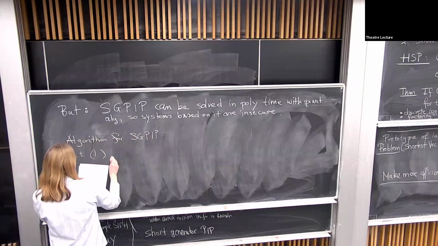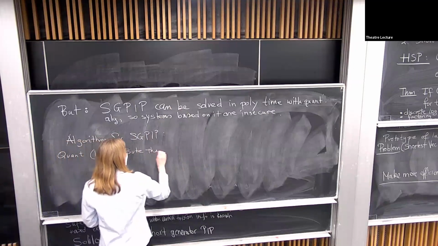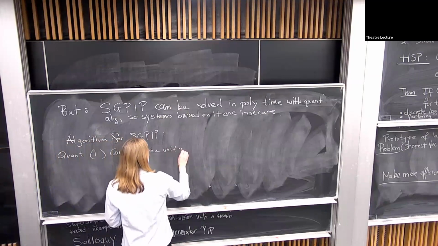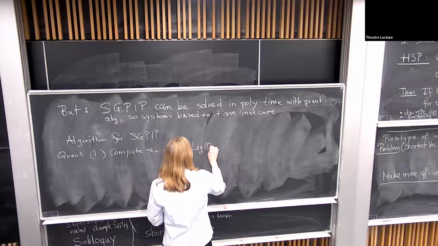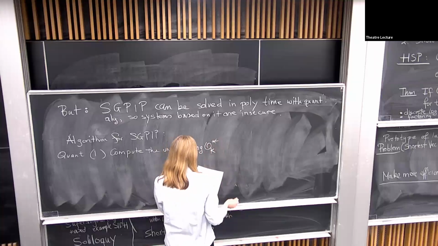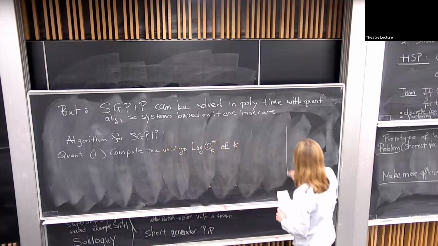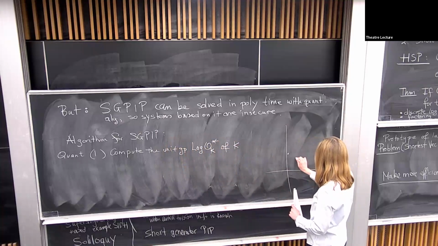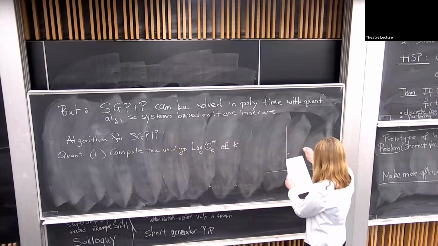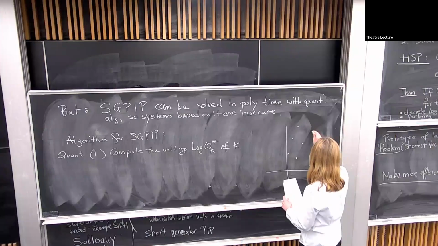So you're going to compute the unit group. And I'm going to take the log embedding right away, to make things a reasonable size. I'm going to attempt to draw a lattice.